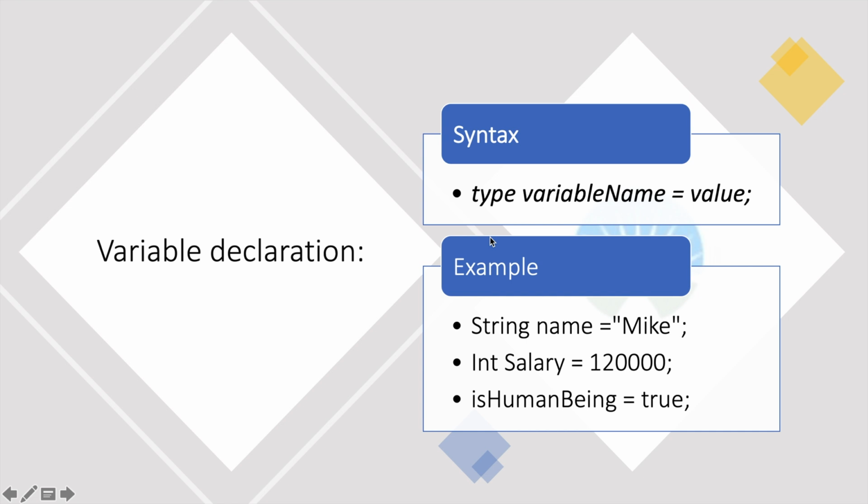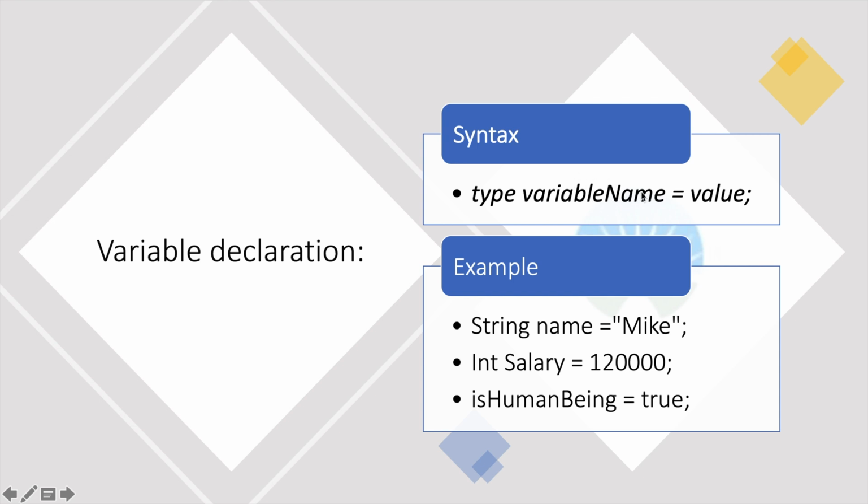How do we write a variable? The syntax is: you mention the type that we learned earlier, give the name, whatever name you prefer, and then give the value you like. For example, you want to store the name of a person. As we learned earlier, words are taken care of by string. So we write string, and for the variable name you give something meaningful, like studentName or just name.